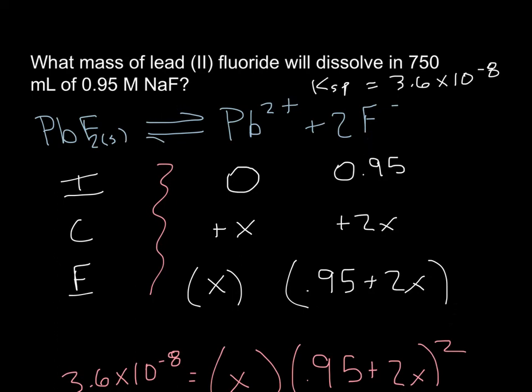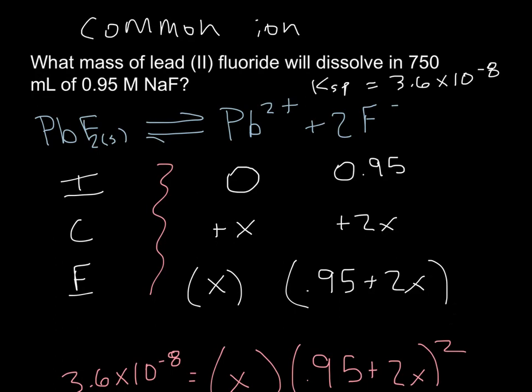And because there is fluoride present, that will impact the equilibrium reached between the lead-2 fluoride and its ions as it dissociates. You might come across the name common ion effect as a multiple choice question, but really you're most likely to see that in something like Scholastic Bowl.